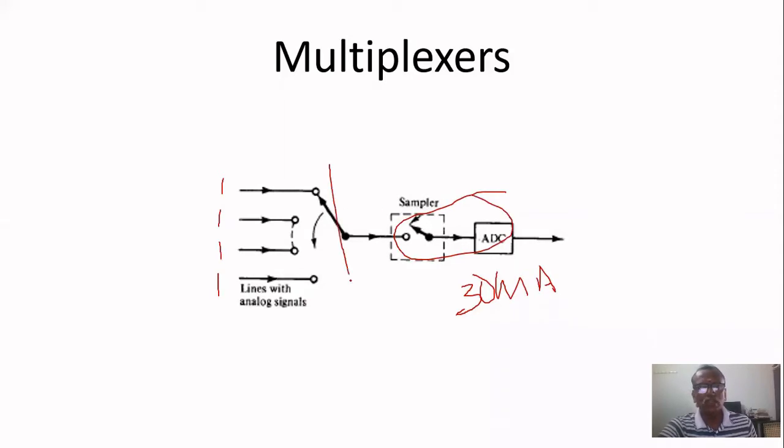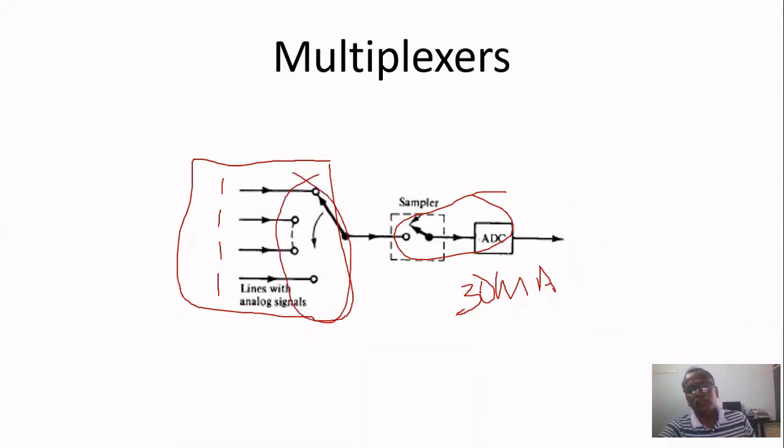For that, on the input side, there will be a multiplexer before the sampler. It has port 1, port 2, port 3. One of the ports will be sampled, then again the next, so all will be converted within that sampling period, one by one, sequentially.